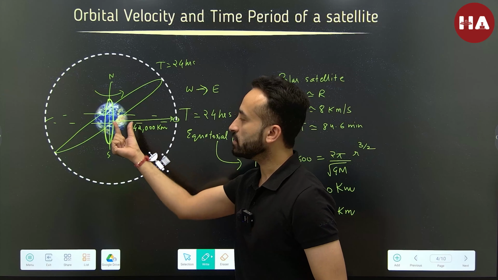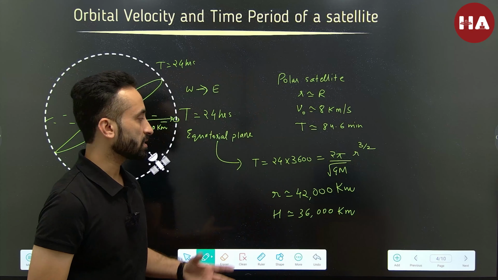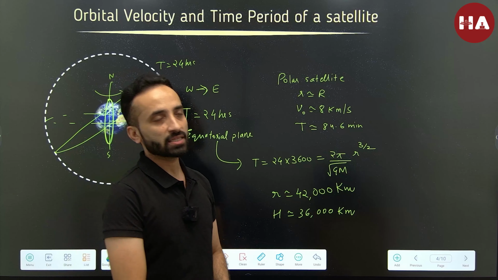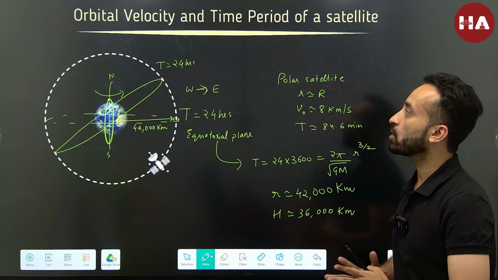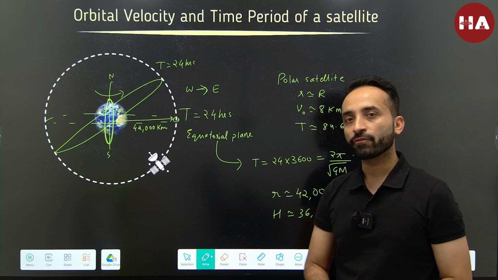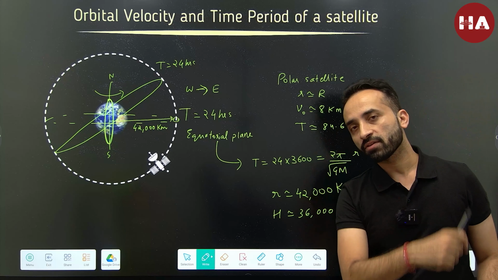How would they differ? By the radius of the Earth, which is approximately 6,000 kilometers. That is why if this is 42,000, this has to be 36,000. All right, so that is about orbital velocity and time period of a satellite, and specifically geostationary satellites. You can copy this down, then we move forward.